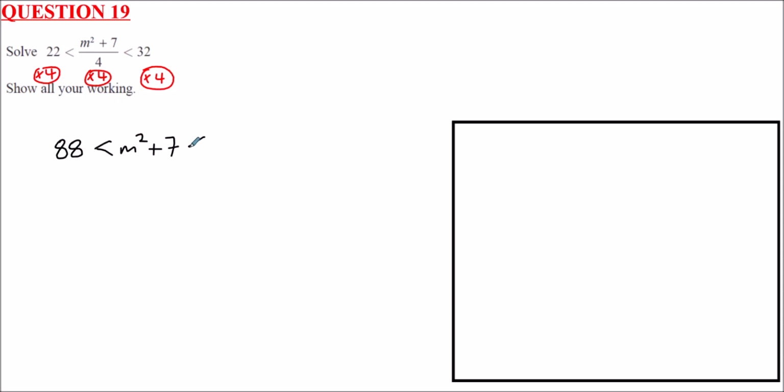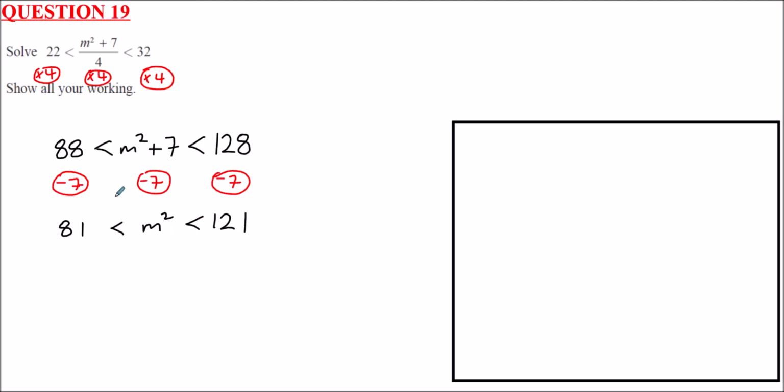And at the end, 32 multiplied by 4 gives us 128. Now if we get m squared on its own by taking away 7 from both ends and the middle, we now get 81 has to be less than m squared, which has to be less than 121.